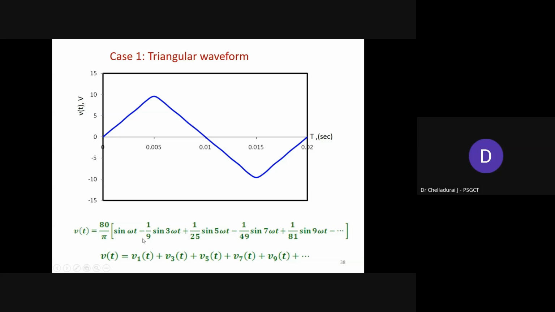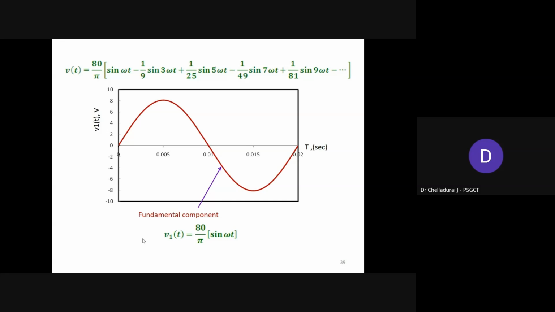Now, the first wave, that is the fundamental wave, has magnitude 80 by pi into sine omega t. So graphically we can represent this fundamental component.